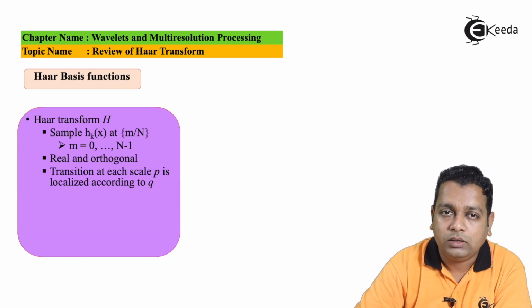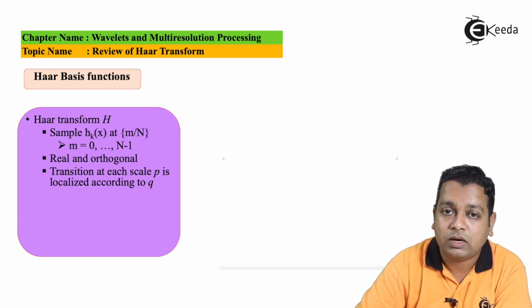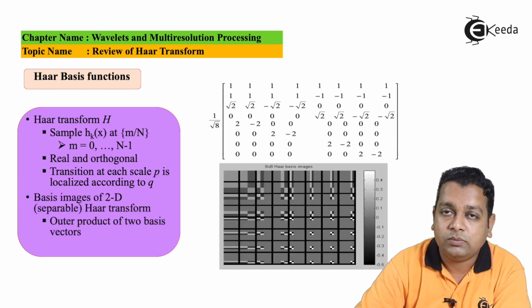The Haar transform, the sample H suffix k of x at m by n, where m extends from 0 to capital N minus 1, is of real and orthogonal type. The transition at each scale p is localized according to q. So the basis images of the two dimensions are represented here.